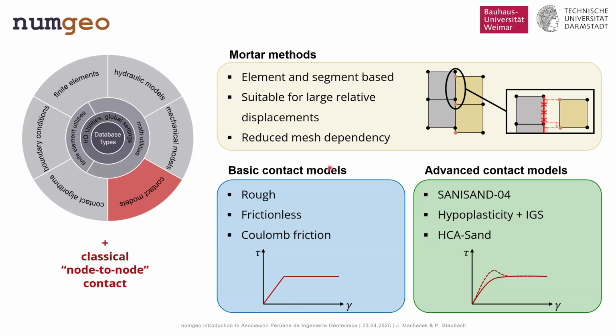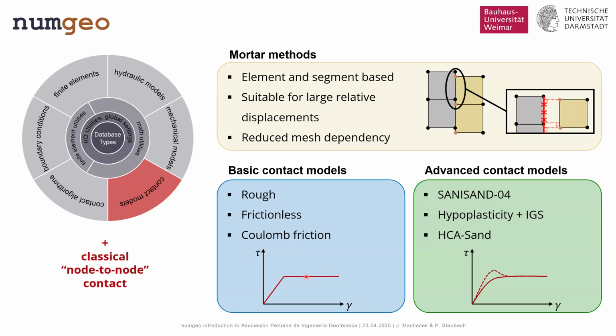Now, whenever you define a contact, you will also have to define how the two bodies will interact with each other. For that, we have implemented different options. You can define such an interface either to be rough, which means you would glue these two interfaces together. They could be frictionless, or the friction would follow a Coulomb friction law, where you have a threshold for the shear stress that can act in the interface.